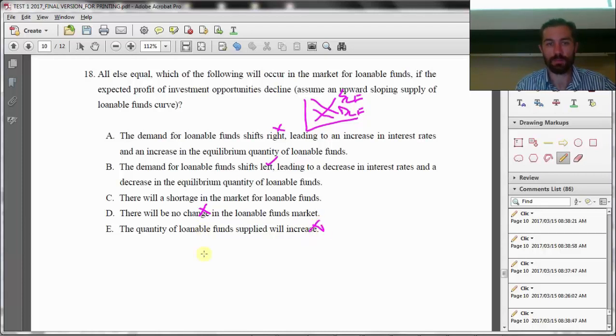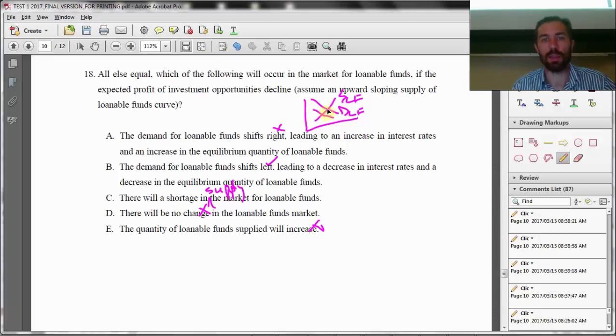No. Will there be a shortage in the loanable funds market? Well, no, there will actually be an excess supply. I don't like just the term shortage by itself. I would prefer this to say a shortage in supply, for example, just to make that absolutely clear. So would there be a shortage in supply?